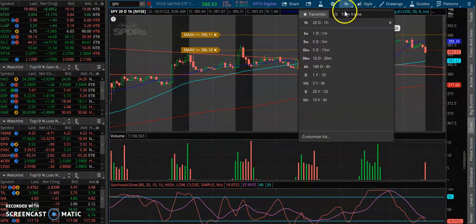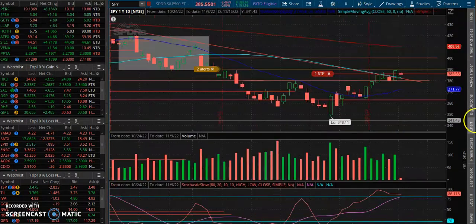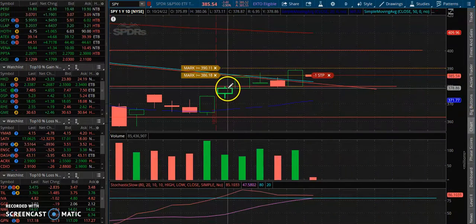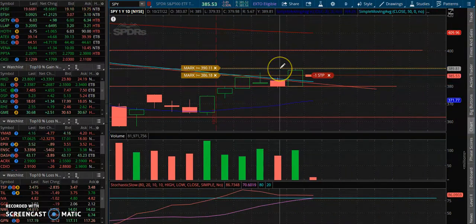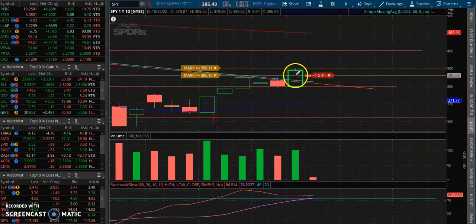Now I like to use the daily simply because the daily shows you a clear picture of what this range is. So 378 to 389. Now we opened up inside. Inside doesn't mean that we go lower. Inside just means we're inside this range.